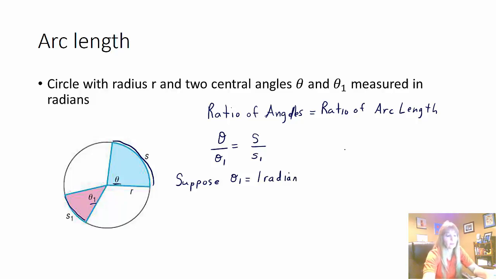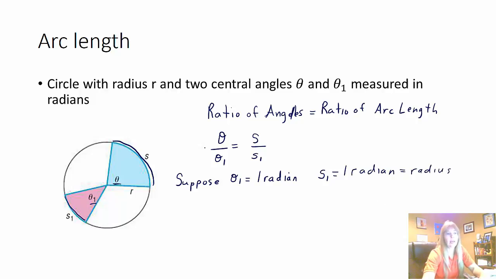Remember, we talked about the difference with degrees as we're moving to radians. So if theta 1 is 1 radian, then by the definition, my S1 would equal 1 radius.